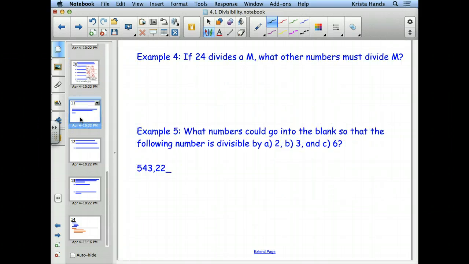All right, example 4. If 24 divides a number m, what other numbers would have to divide that value? 6. Why? Because 6 is a factor of 24. So what else? 12.